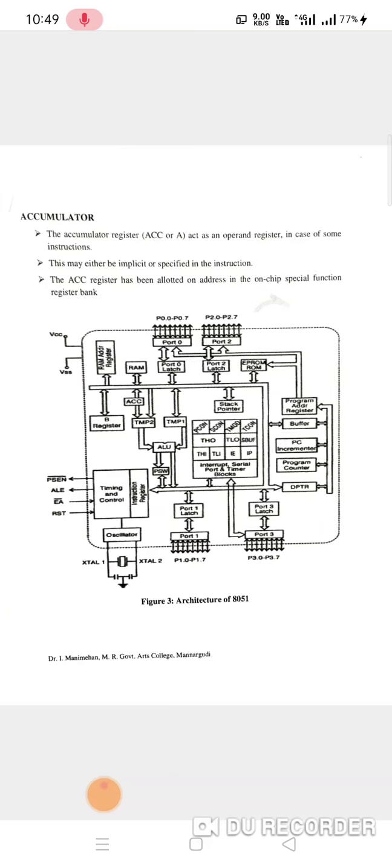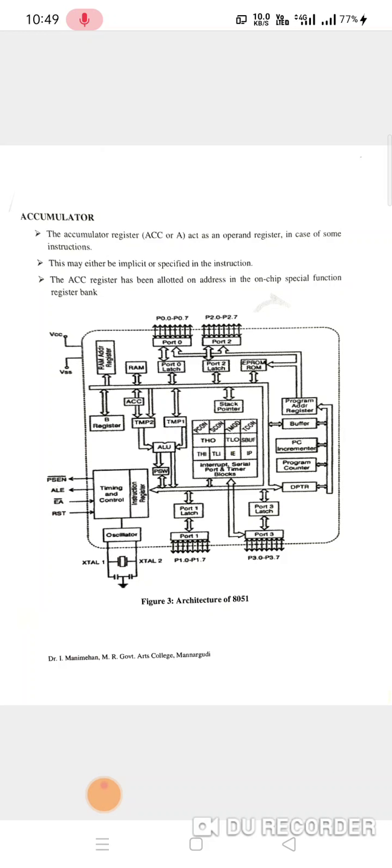Then we will see what is the accumulator. The accumulator register, that is ACC or A, acts as the operand register in case of some arithmetic and logical operations.